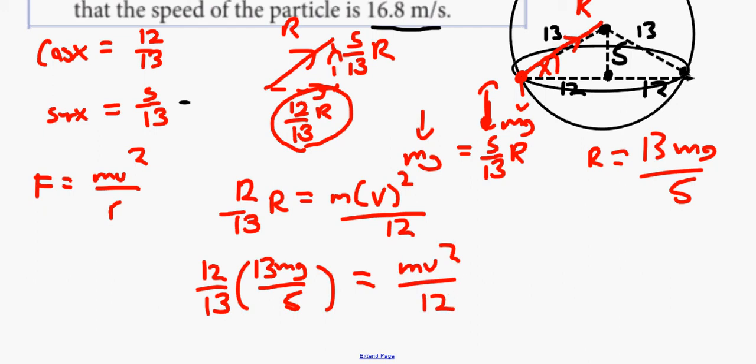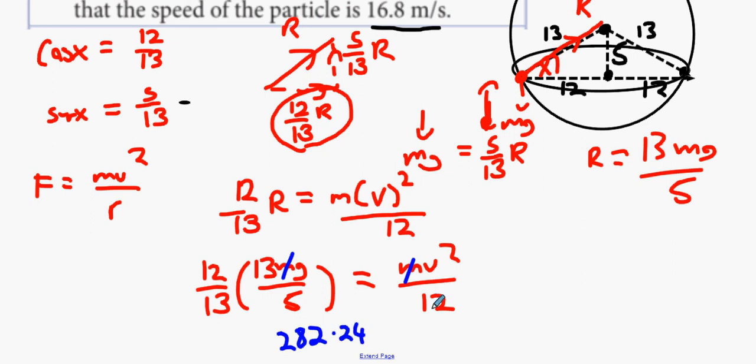Now the m's will cancel. 12 times 12 is 144. 144 divided by 5 is 28.8, multiplied by gravity, which gives 282.24.